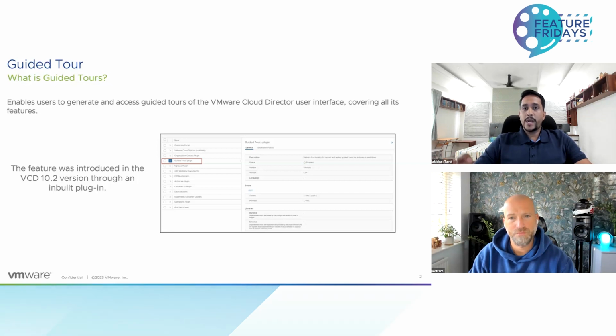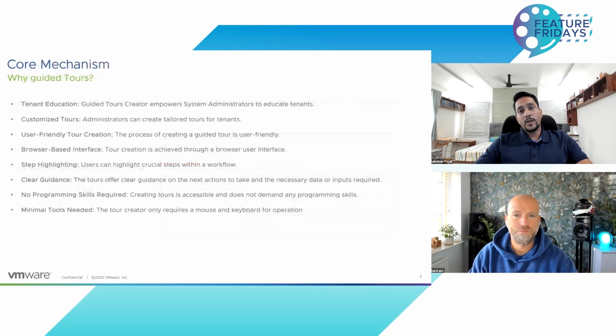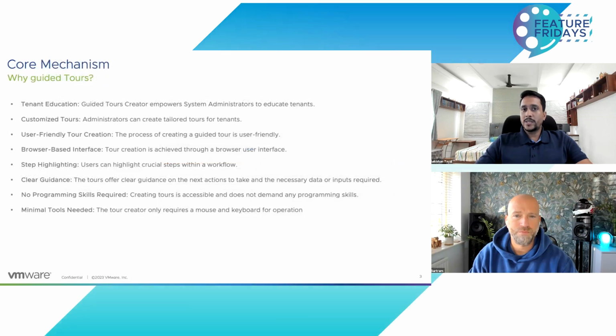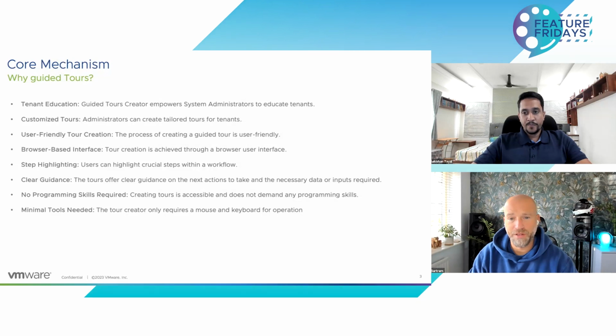But before the guided tours can be published to a tenant, the guided tour plugin itself must be published to the respective tenants, and thereafter the tenant user, who could be your org administrator, can do their own recording of tours and let their users use that for their consumption purpose.